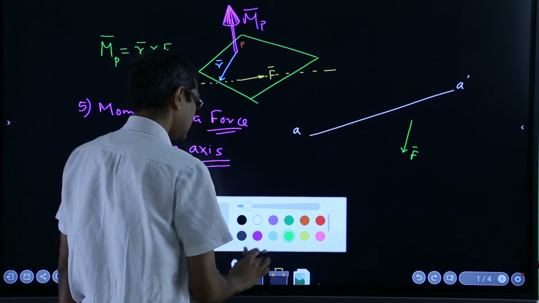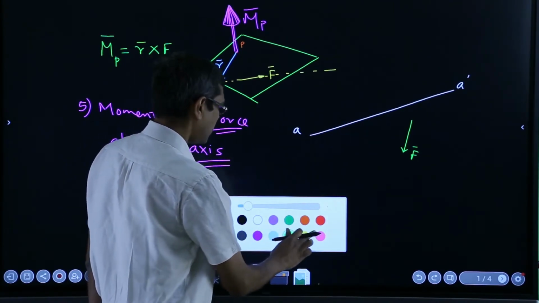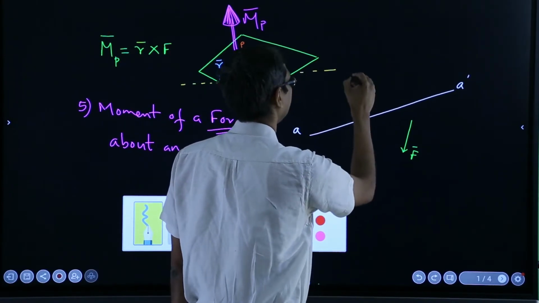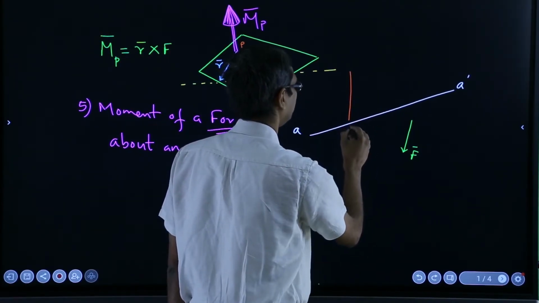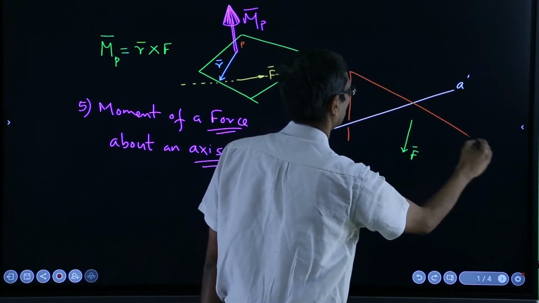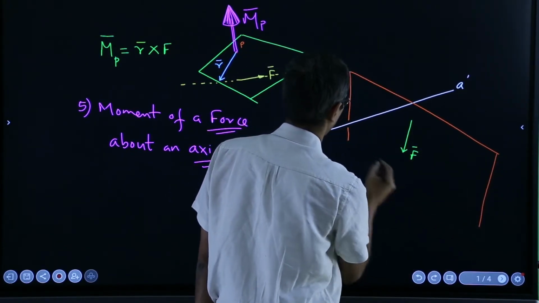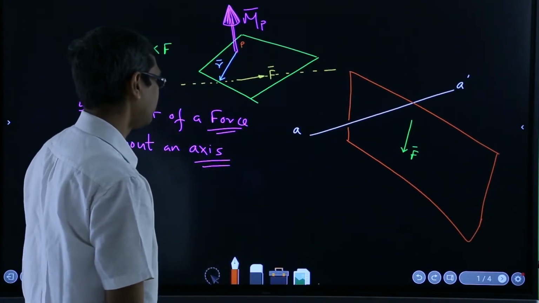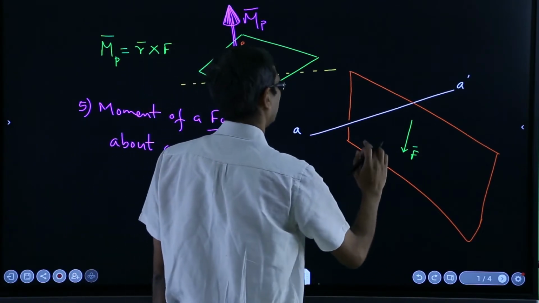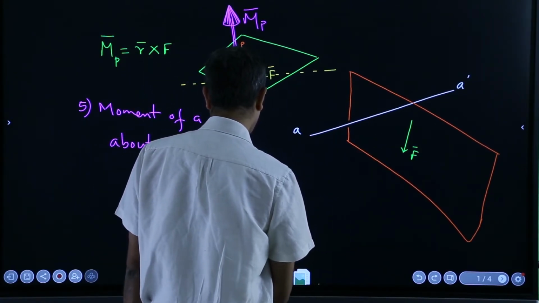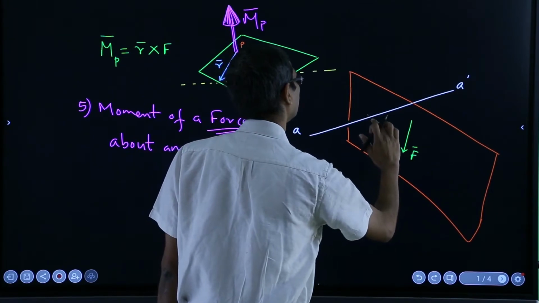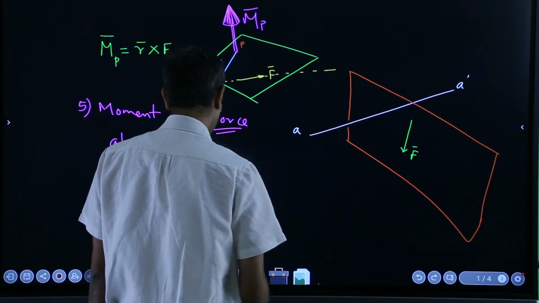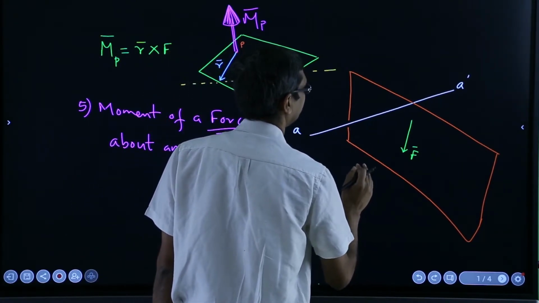So the idea is, if we create maybe a surface, so like that, which passes through.